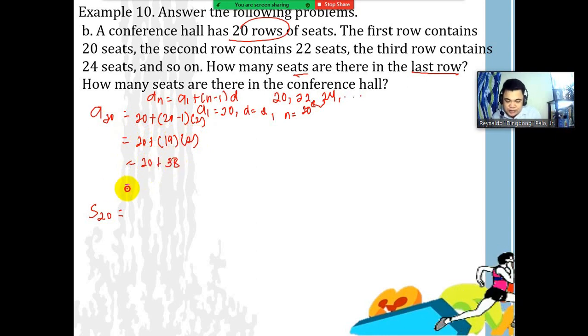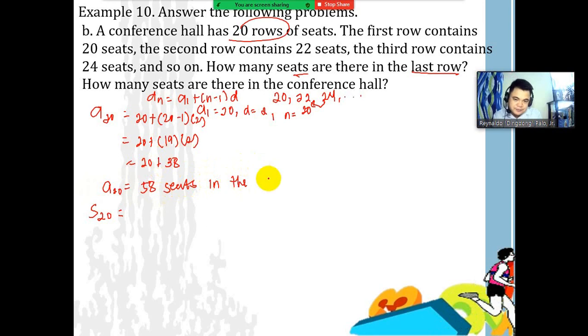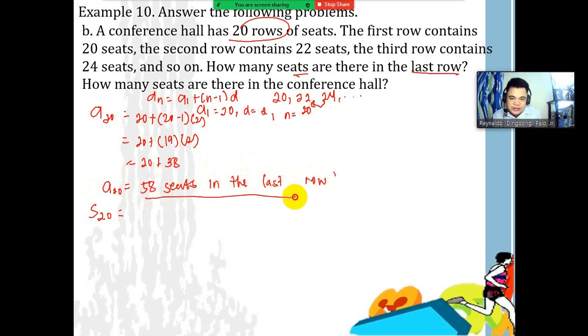Then 20 plus 38 is 58. So this is now your a sub 20. So therefore, we can say that there are 58 seats in the last row. So this is now your answer in the first question.